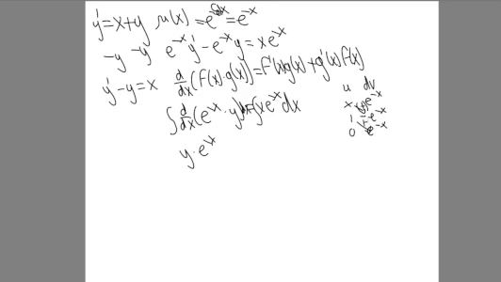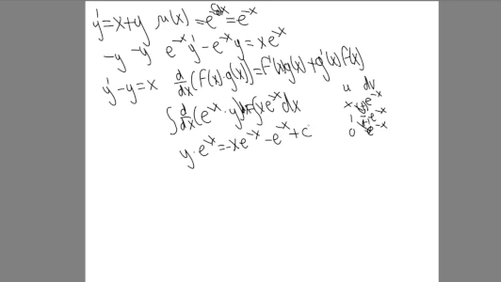I apologize for the confusion. And so you would get x times e to the negative x, minus x times e to the negative x, and then minus e to the negative x plus c. You can't forget the plus c.